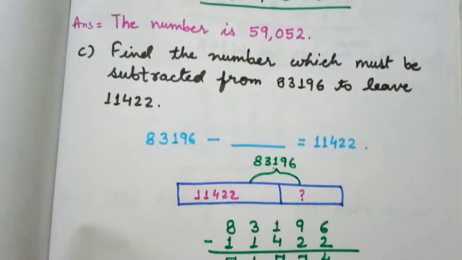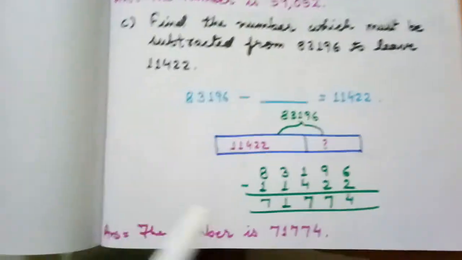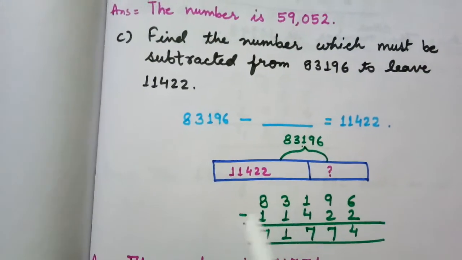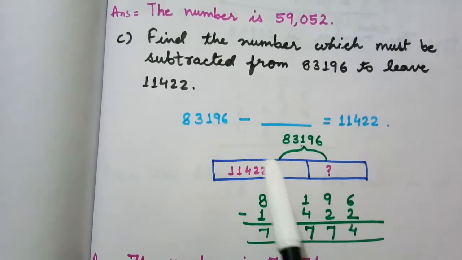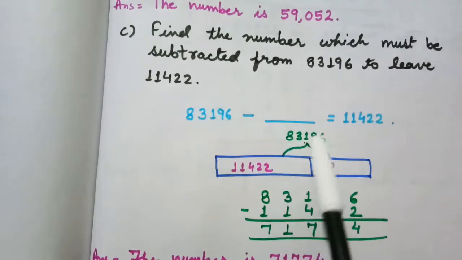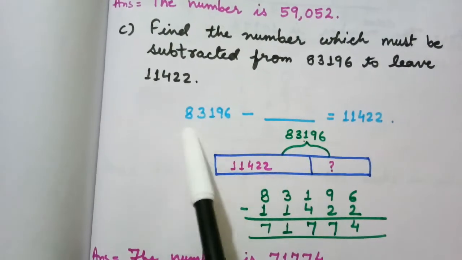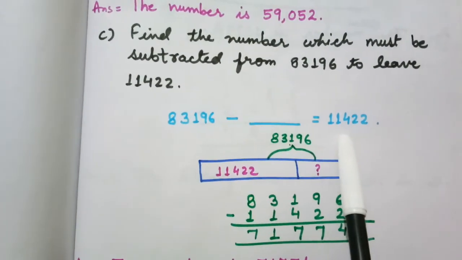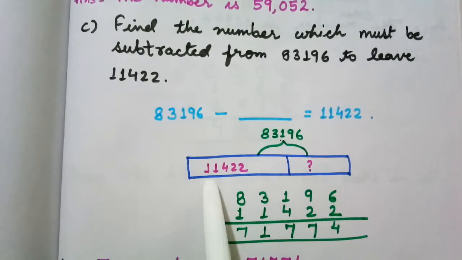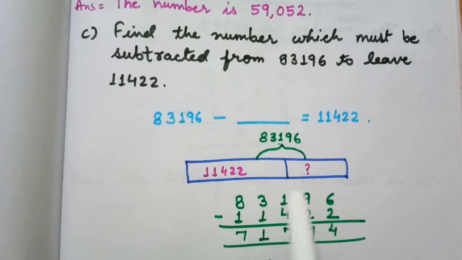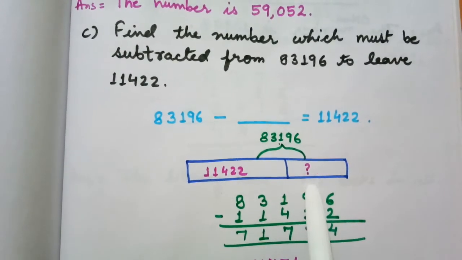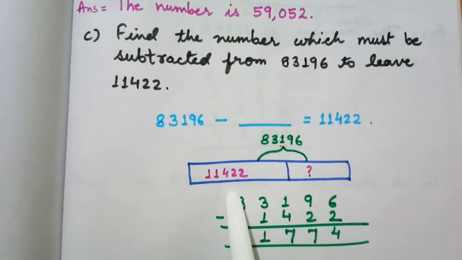So I have drawn the model for missing subtrahend. Here when we subtract the subtrahend from minuend, then we get this difference. So the model will be like this: one rectangular box, again divided into two, one smaller and the other bigger.